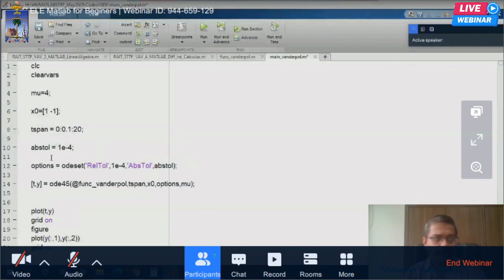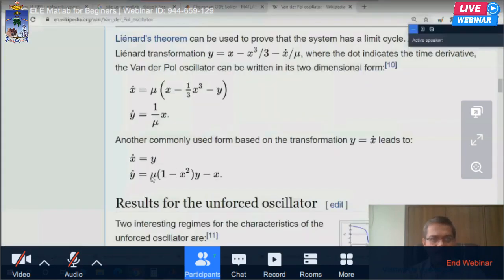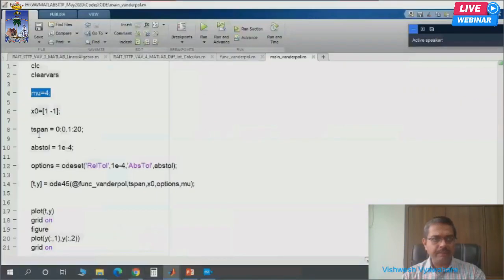So this is my mu. I want mu to be 4. I want the solution to be evaluated from 0 to 20 seconds with a step of 0.1, and I want the absolute tolerance and the relative tolerance.